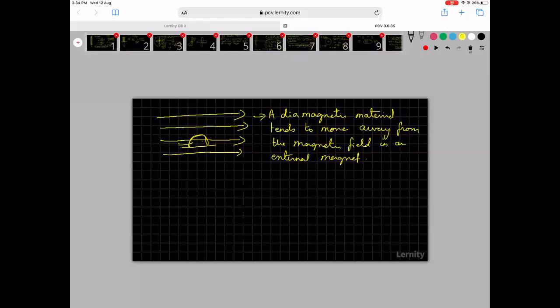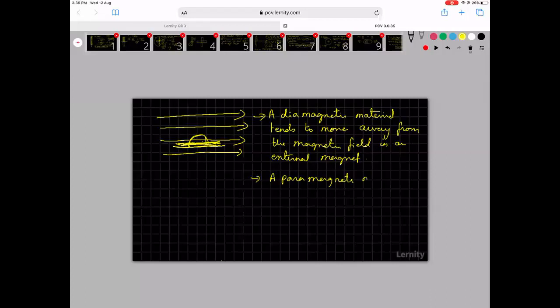Now suppose you take a paramagnetic material. A paramagnetic material is slightly attracted towards a magnetic field. If you keep a material here, this material will get spread out.